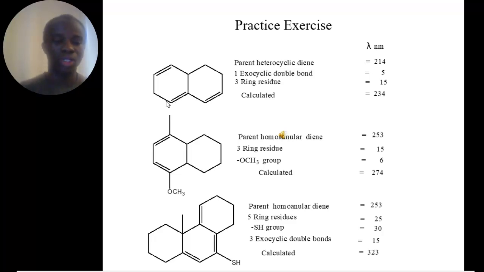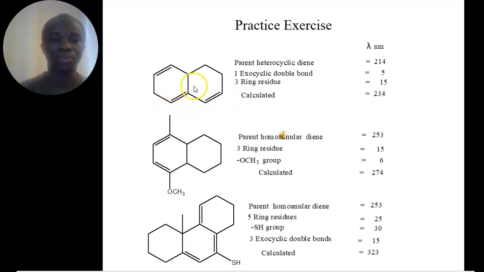And the basic conjugation system that you have here is these two double bonds that are separated by a single bond, so they are conjugated. Now this third double bond is not part, because there are two single bonds between these two double bonds. So it means that this double bond and this double bond are not conjugated. So the only thing you are considering is this system.